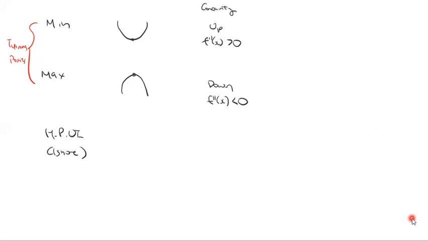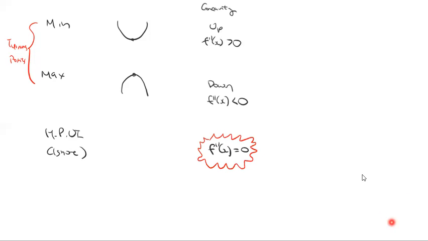In other words, we have now identified a second way to work out your type of stationary point, ignoring horizontal point of inflection, which is a little bit ambiguous. You can probably tell that what you would need is the second derivative equals 0, but we will talk about the fine details of that in a moment. There's a bit of a warning sign I need to put up about that.